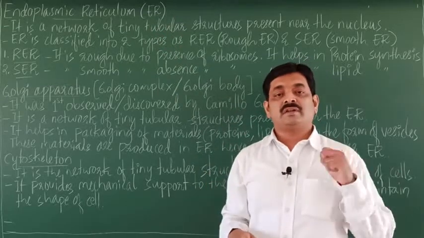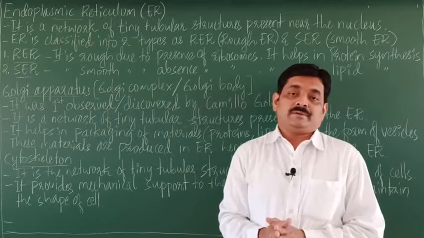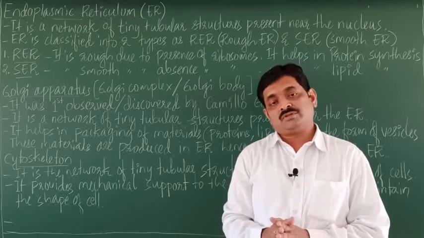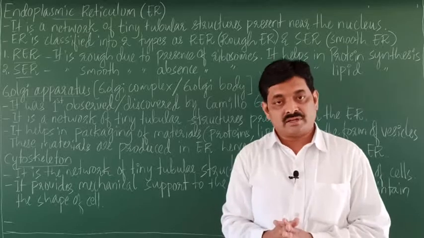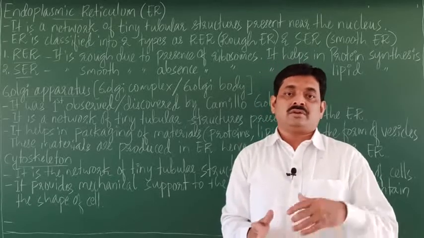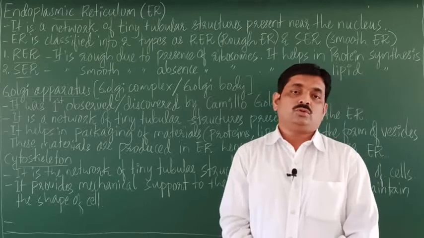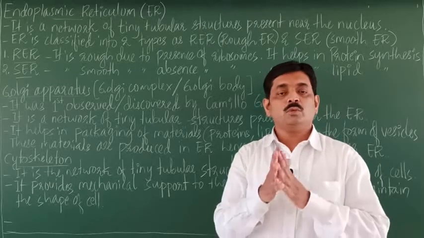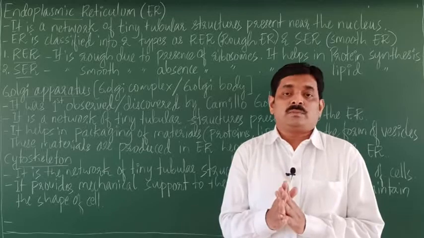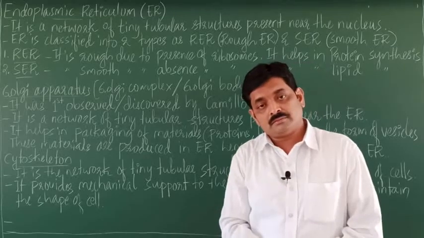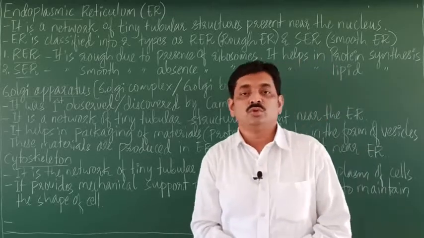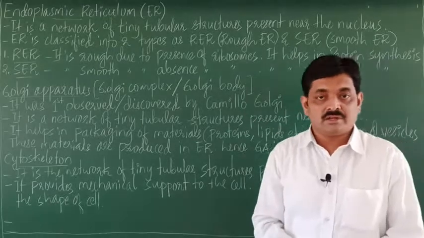Now this endoplasmic reticulum is classified, or divided, into two types. So which are those two types? One is the rough endoplasmic reticulum and the second is the smooth endoplasmic reticulum.